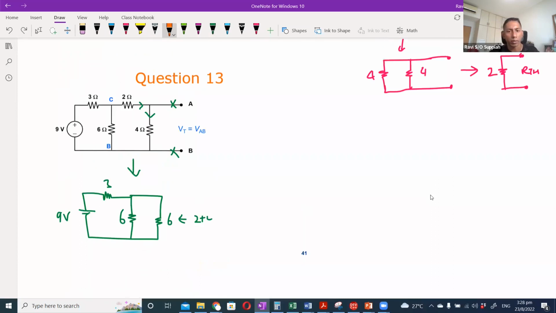Let me redraw it over here: 3 and 3. Okay, and this 3 is 6 parallel with 6.